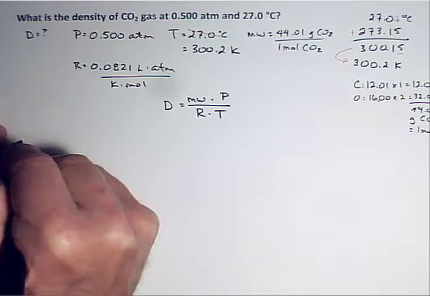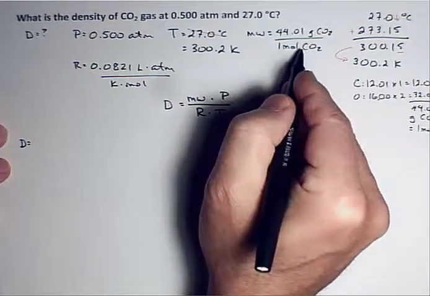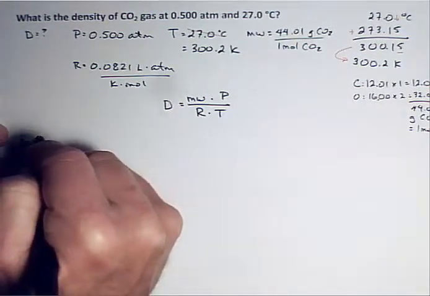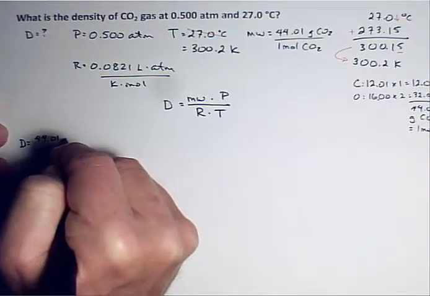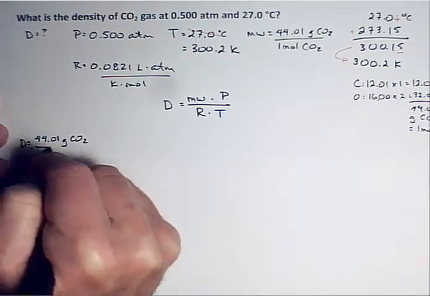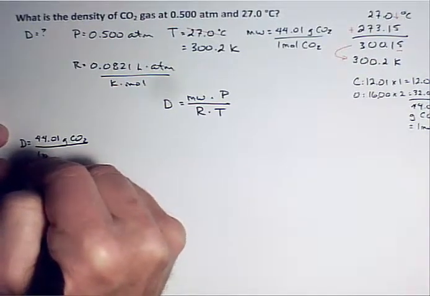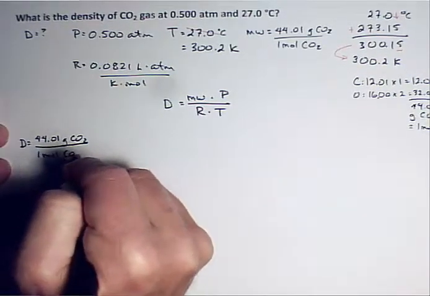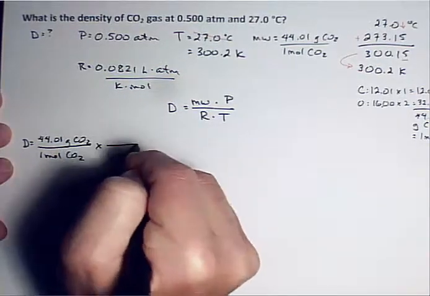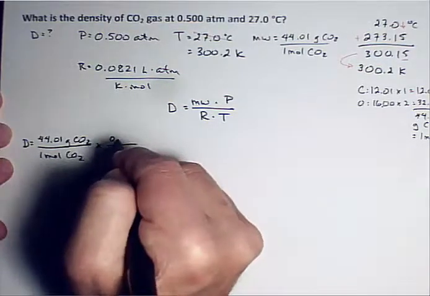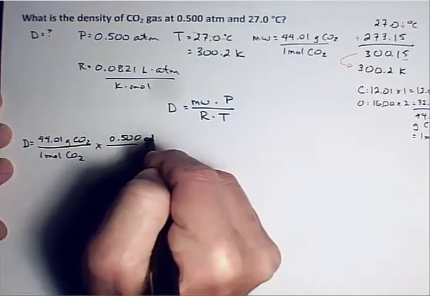Let's see. So we're going to have density equals molar weight times the pressure, 0.500 atmospheres.